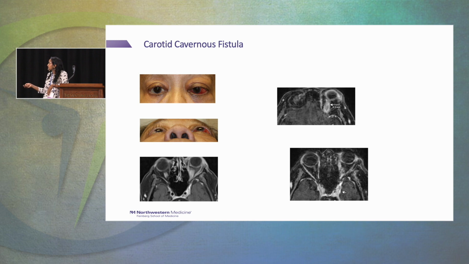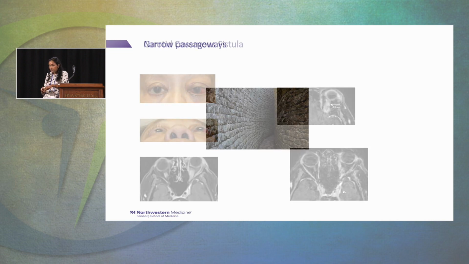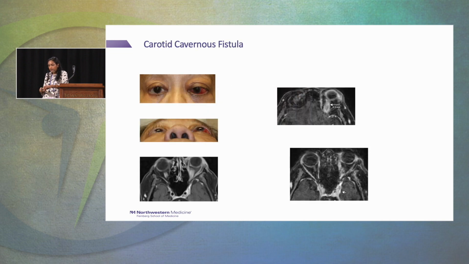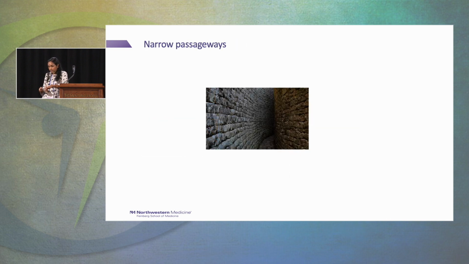So the scan was re-examined, and repeat imaging with MRI and MRV was performed, and this dilated superior ophthalmic vein was noted, and the enlargement of the cavernous sinus was noted, pointing towards a carotid cavernous fistula. And again, that was also managed with interventional radiology performing embolization.